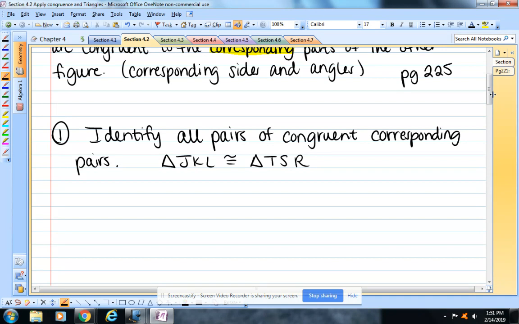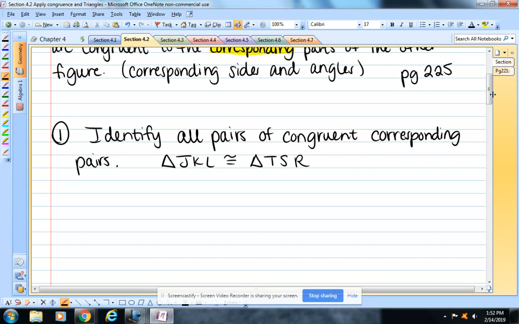So, for example, let's say we have triangle JKL is congruent to triangle TSR. Y'all, the names of triangles are important. The order in which things are written is important. All right?